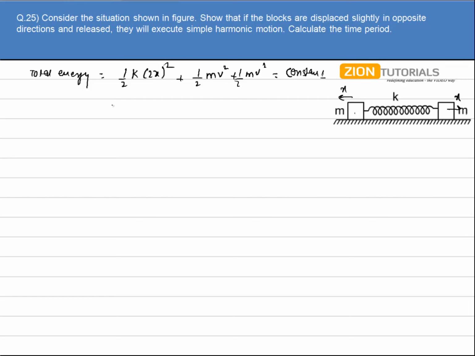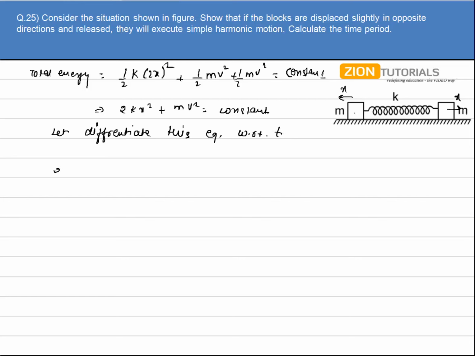So this equation can be simplified in the form of 2k x square plus mv square equals constant. Now let's differentiate this equation with respect to t.